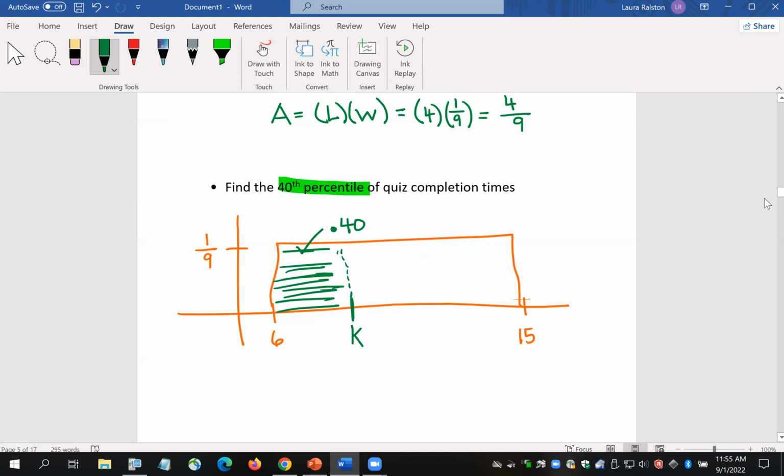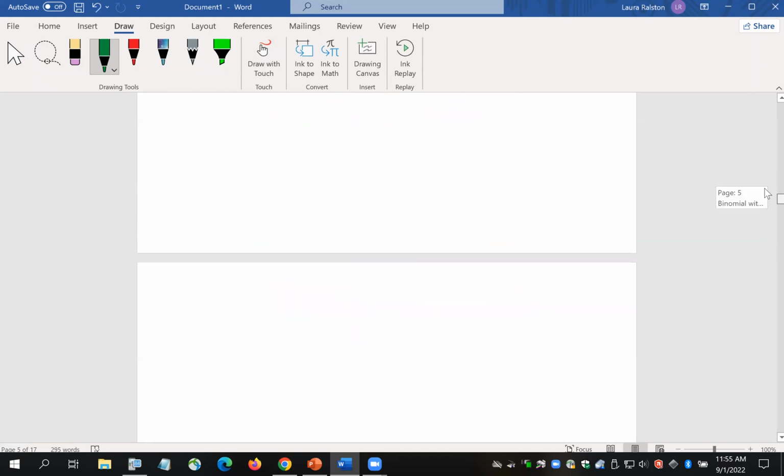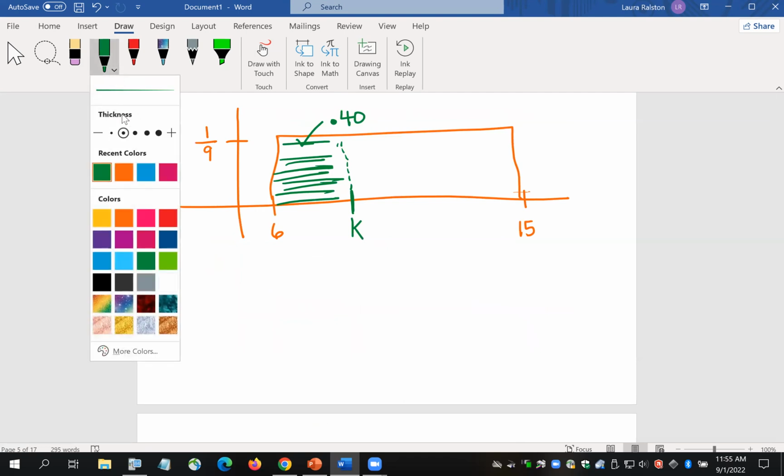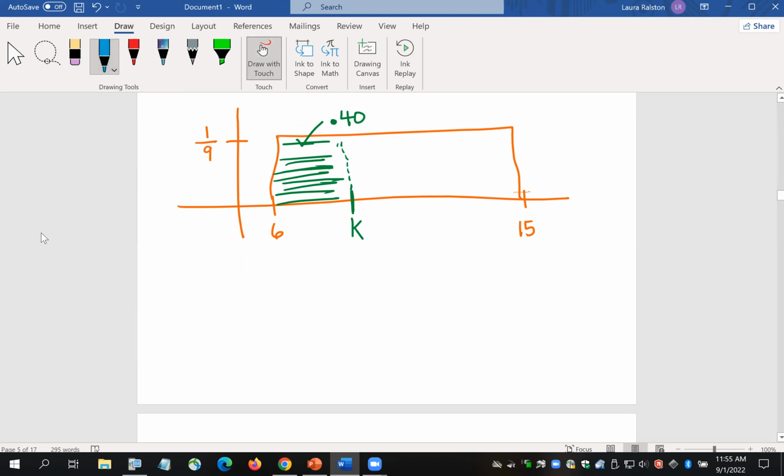Okay, if you use the same approach, the same idea as we've been doing, we're just solving it for a different letter, if you will, or a different variable. We still know that the area is length times width. We're told the area is the 40%.